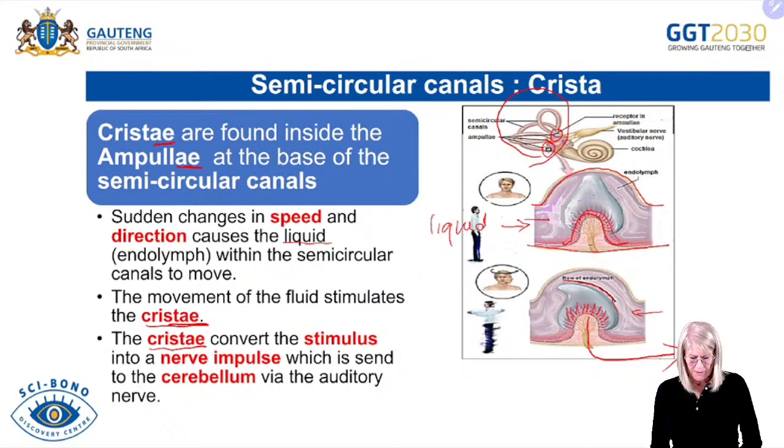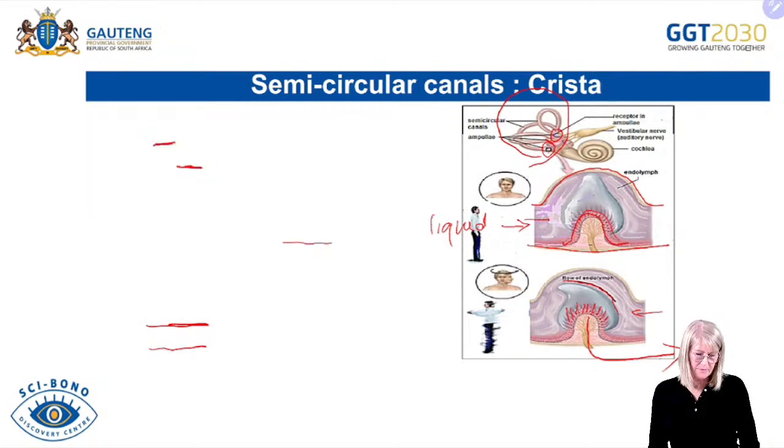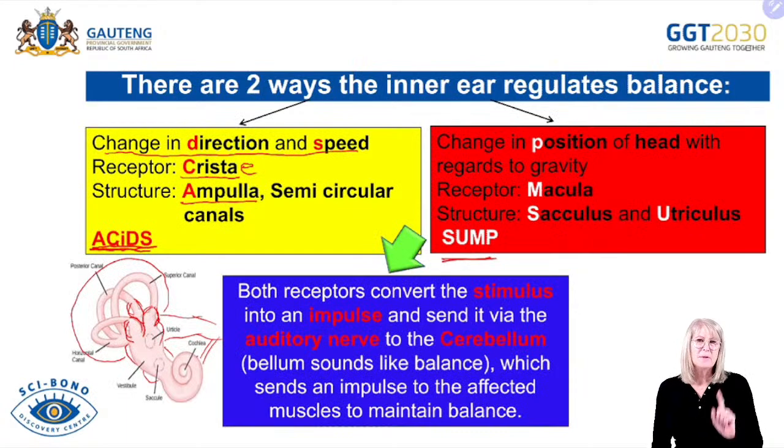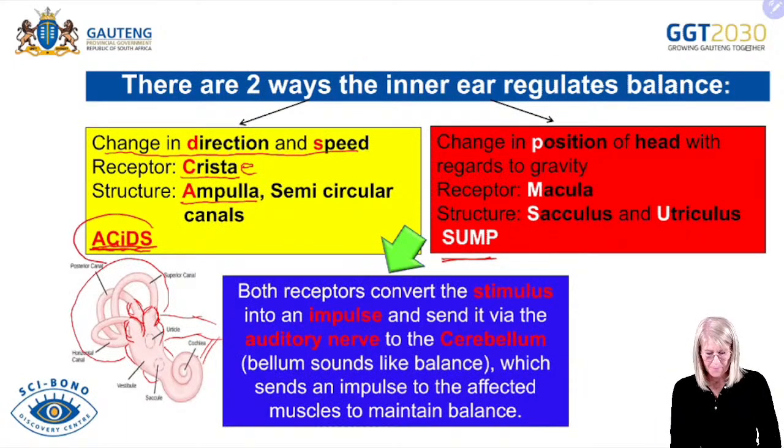All right, so that is the semicircular canals and the cristae. What was their function? Let's quickly go back and have a look. Remember it's acids. They are sensitive to speed and direction.